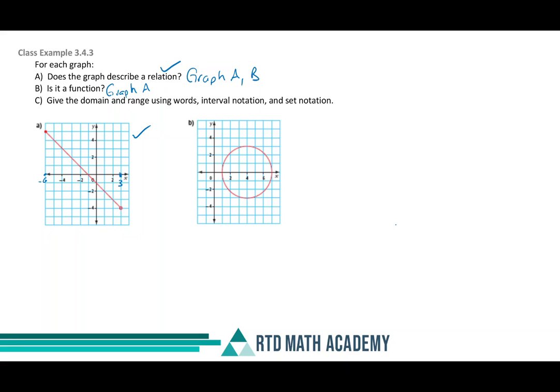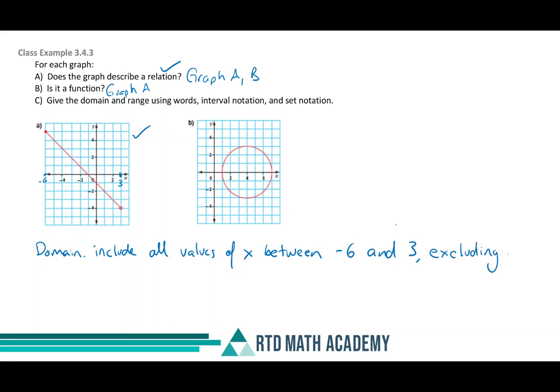And so we can see that our domain is going to include all values of x between -6 and +3, excluding +3 itself because it has an open dot.